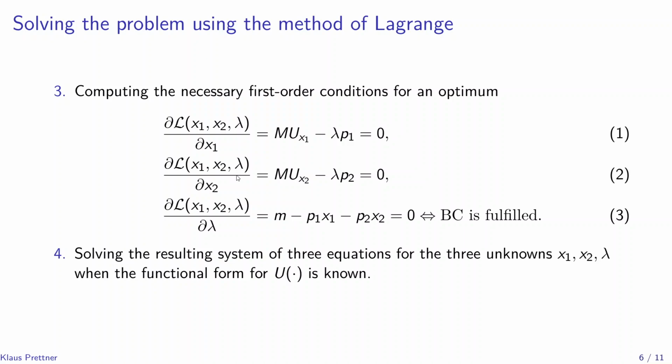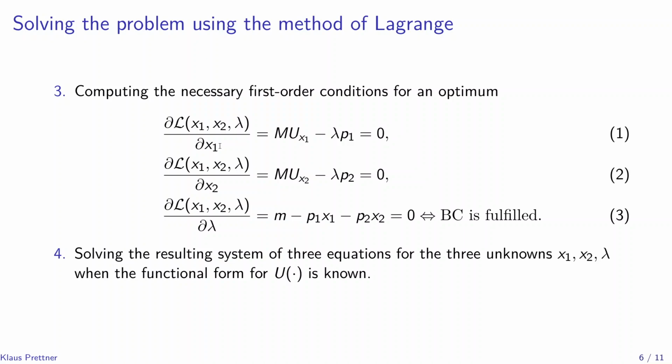Why is this then the maximum? Because you get to a point of the Lagrange function where the additional utility that you get by consuming more of x1 or more of x2 would be exactly balanced by the negative utility that you get for having to forego the consumption of the other good, such that you are still within your budget set, right?